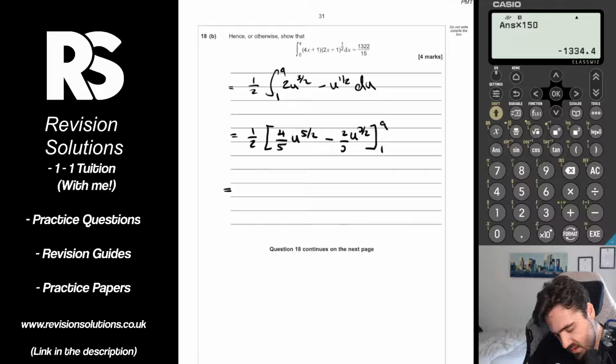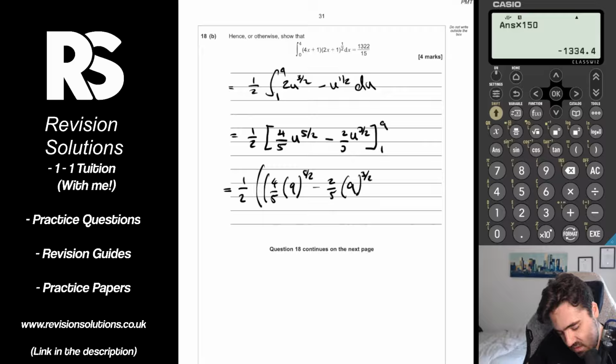So plugging that in, that's going to be a half, big bracket. And then, to be honest, I think I'll just let the calculator do the hard work, but I will write it out. It'll be 4/5 of 9 to the 5 over 2 minus 2/3 of 9 to the 3 over 2, which is not that bad.